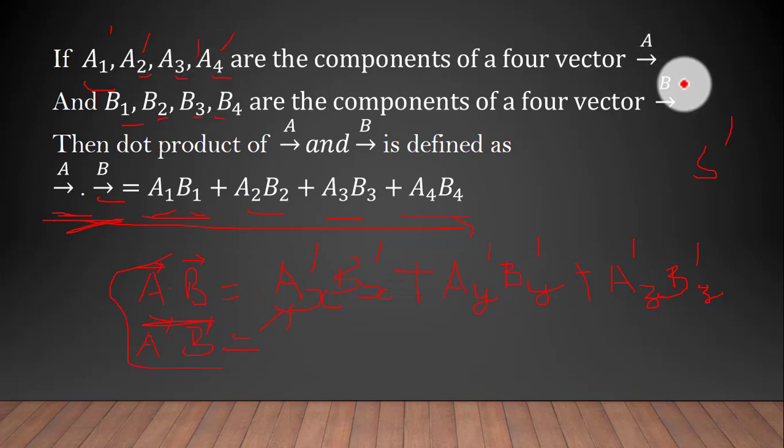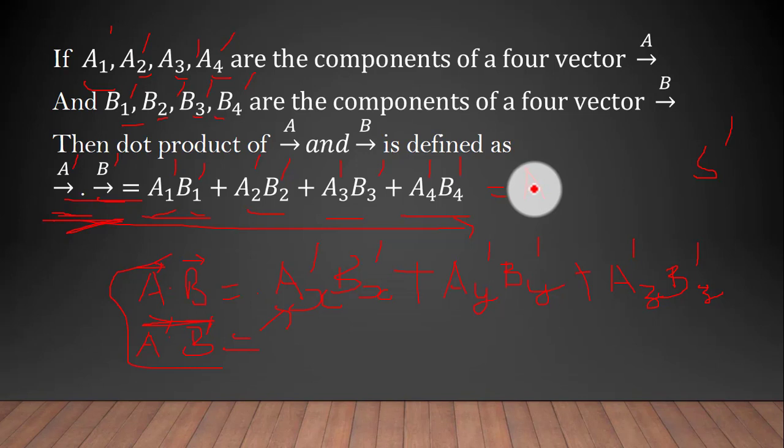So the magnitude of a is going to change, and in a similar manner b is also going to change. But their dot product value will be equal to a1 b1 plus a2 b2 plus a3 b3 plus a4 b4, and if we take its dot product, it will come out to be equal to what?